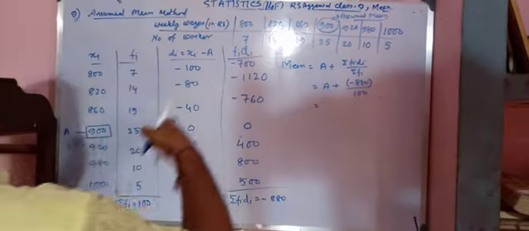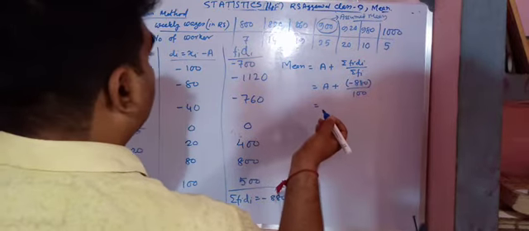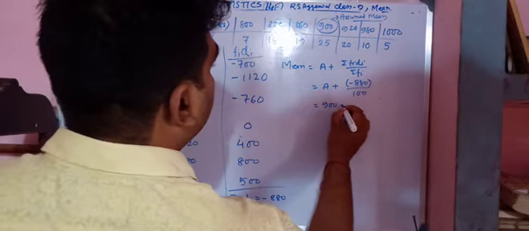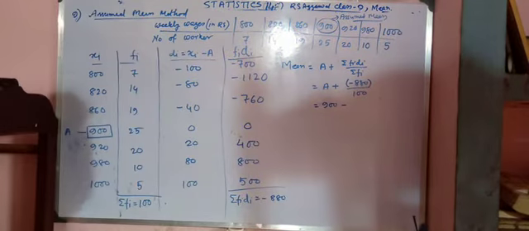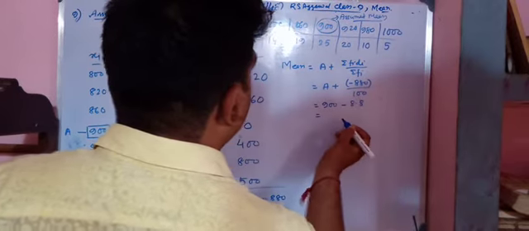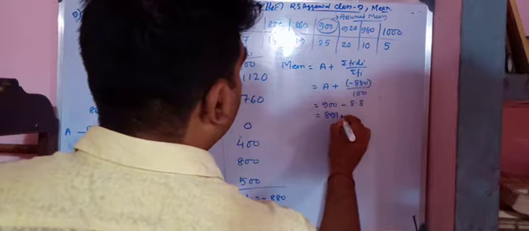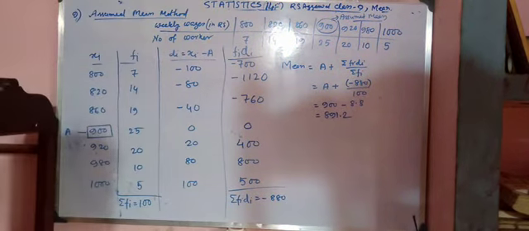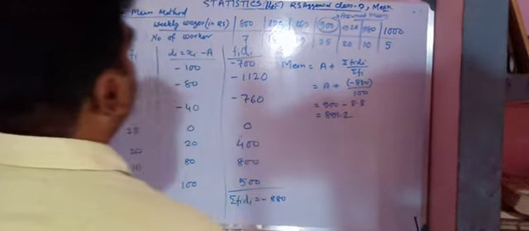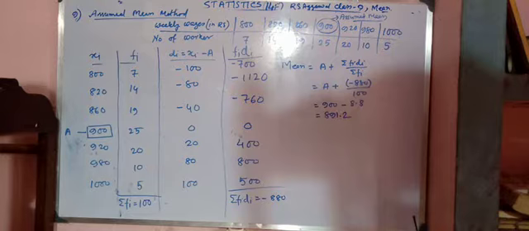Now the value of a is 900, minus, if we calculate that, we get 8.8, so 891.2 comes. So 891.2 is my required mean by solving this question with the assumed mean method. Understood that? That is my required mean.